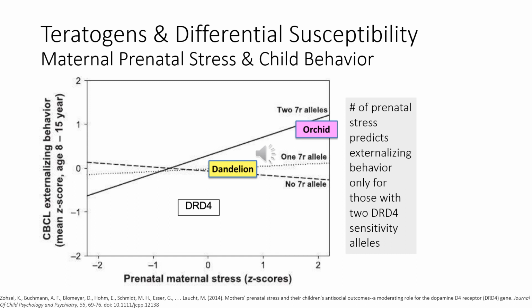You can see the level of maternal stress while the female was pregnant, and on the left-hand side, the Child Behavior Checklist externalizing behavior, sometime between age 8 and 15. This is acting out behaviors: getting into trouble at school, getting into fights, problems with peers, getting into trouble at home, those kinds of things.